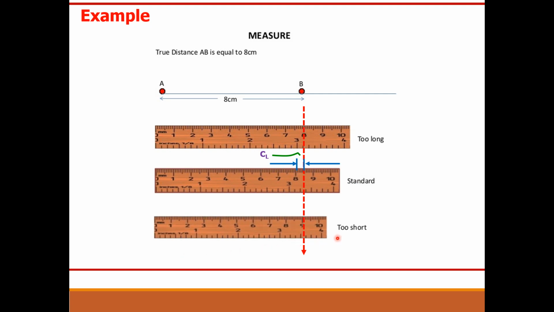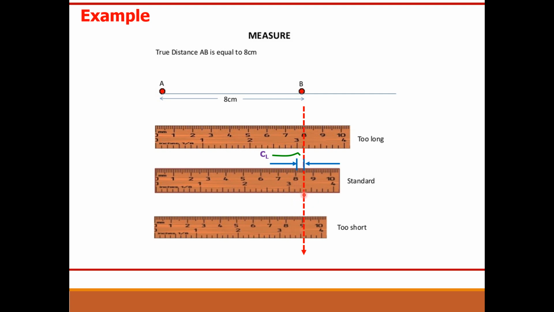Similarly, here is the reverse case, when due to shrinkage in the tape, we can say that the tape is too short. Due to shortening or shrinkage of the tape, you can see that the tape value is displaying more than the standard value.